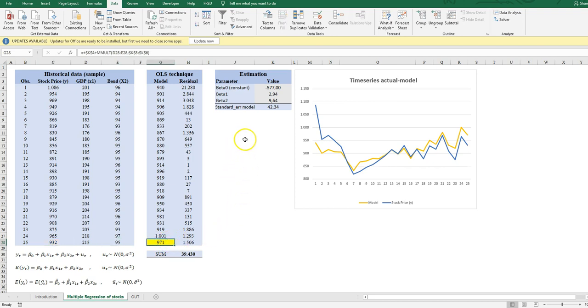You can have an idea or forecast of the GDP and bond 1 year ahead, calculate the predicted value of the stock price, the expected value of the stock price, and then you make the confidence interval.